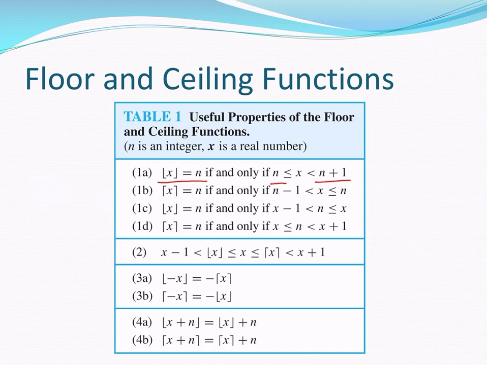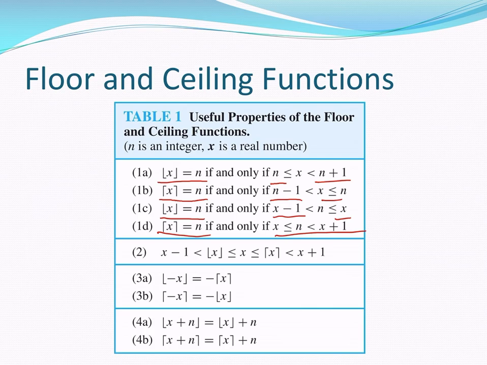And the ceiling function of x is equal to n if and only if x is between n minus 1 and n, inclusive of n. You could derive these next two from the first two, where the floor function of x is equal to n if and only if n is between x minus 1 and x, inclusive of x, and the ceiling function of x is equal to n if and only if n is between x and x plus 1, inclusive of x.